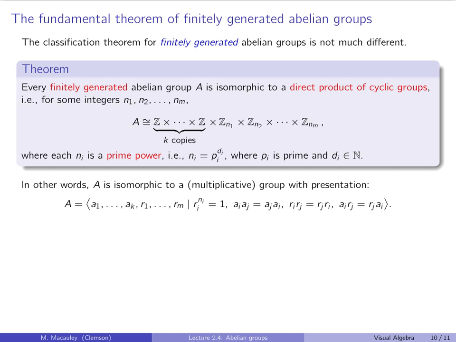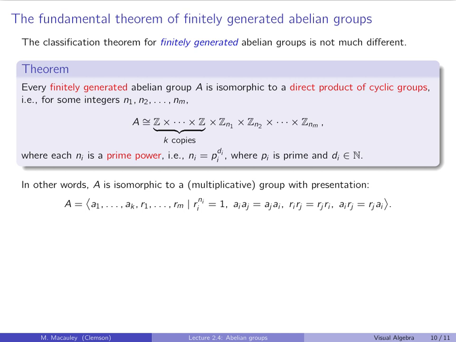So that means for some integers n1 up to nm, our group A is isomorphic to k copies of the integers as a direct product, and then Zn1 cross Zn2 up to Znm. You can do the classification here via the prime power method or the elementary divisor method. It does not matter. Again, I prefer the prime power method, so we can assume that each ni is pi to the di, where pi is prime.